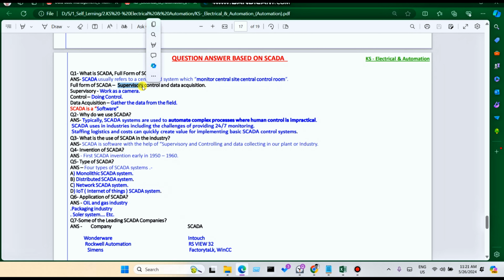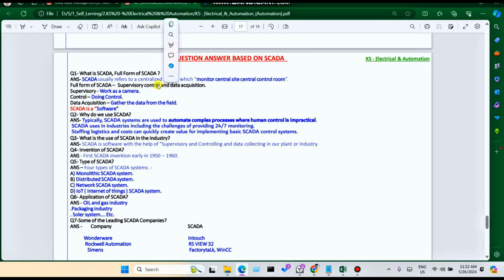and open and close control valves, so many things. Control means controlling and also supervising. In supervising we can easily supervise from the SCADA P&ID page and we can control from the SCADA operation page.